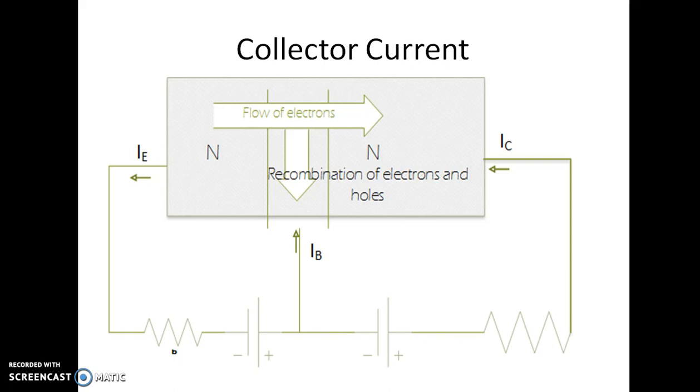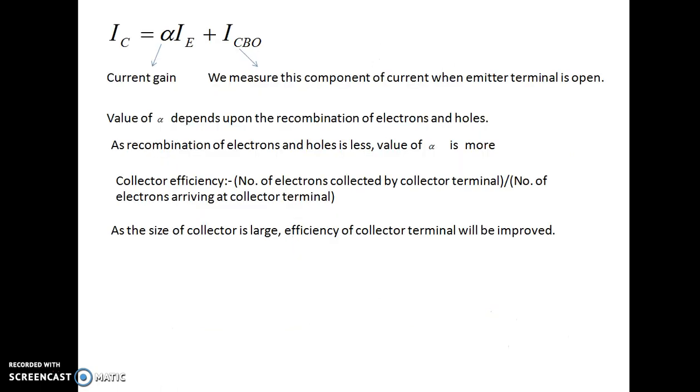Now, second is the collector current. Collector current is defined as the current due to the flow of electrons reaching from the emitter terminal to the collector terminal. If the electrons are transmitted from the emitter to the collector, then some electrons will be recombined. So the collector current is defined as alpha times the emitter current plus ICBO.